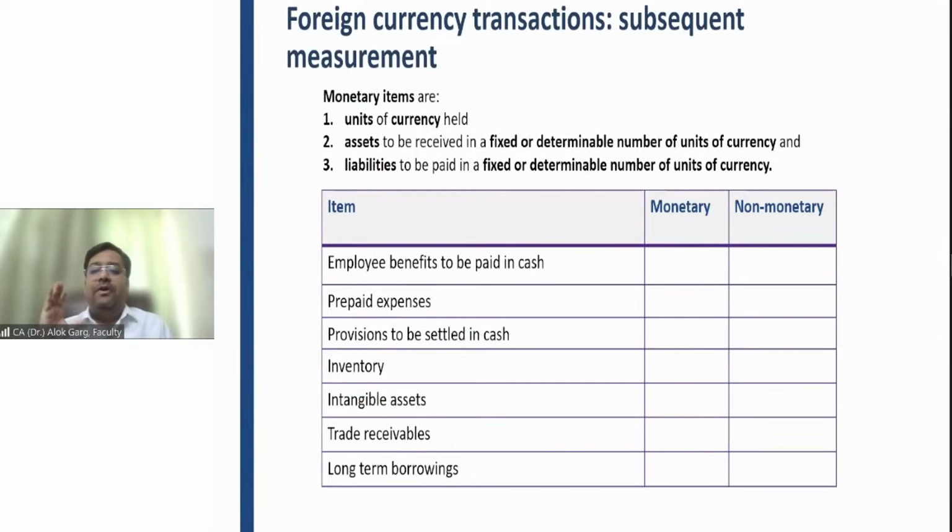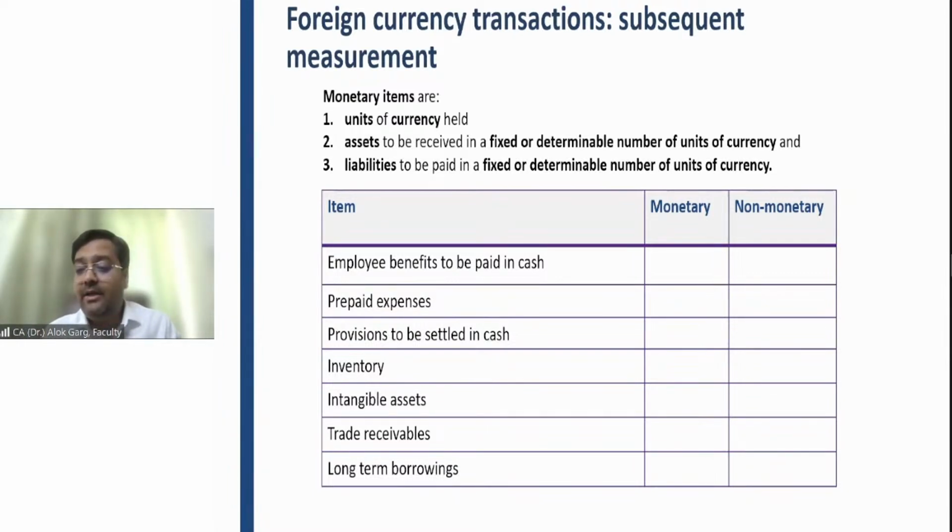If it is a non-monetary item, then nothing has to happen on the subsequent measurement. It means there will not be any change in the restatement of the foreign currency transaction. But if it is a monetary item, it is required to be restated on the reporting date.